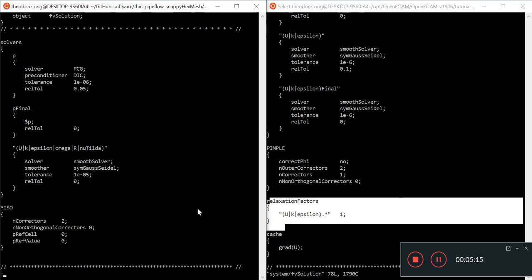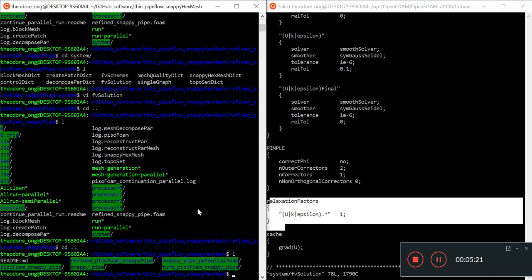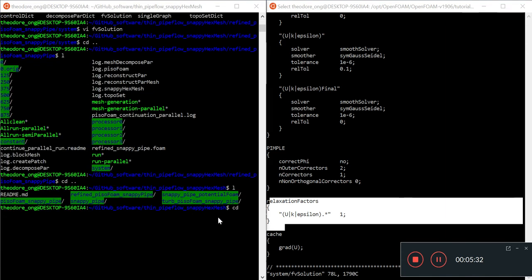And before we do all that, I want to copy and paste a lot of the old pisoFoam case and make a pimpleFoam case in this directory. Yep, so let's see. Clear.